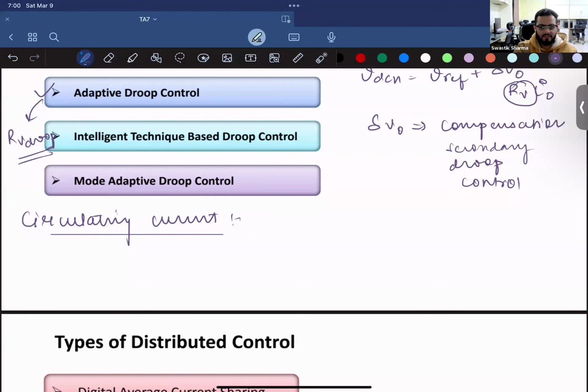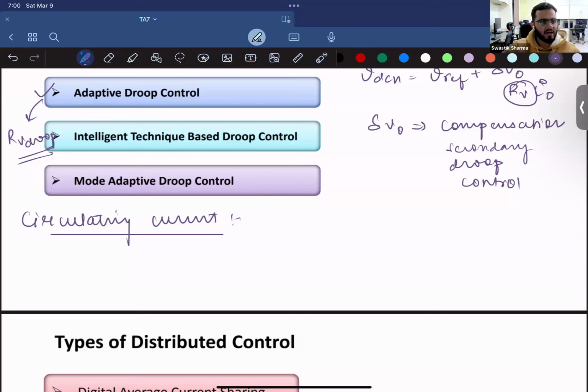If they have different impedances, the voltage drops across the resistances of different lines won't be equal. So the current flow from different DERs will vary because the impedances are different.